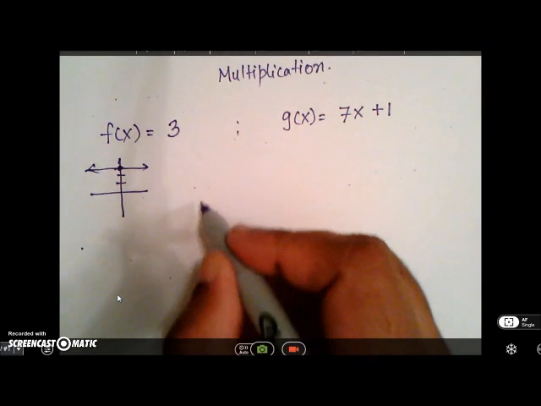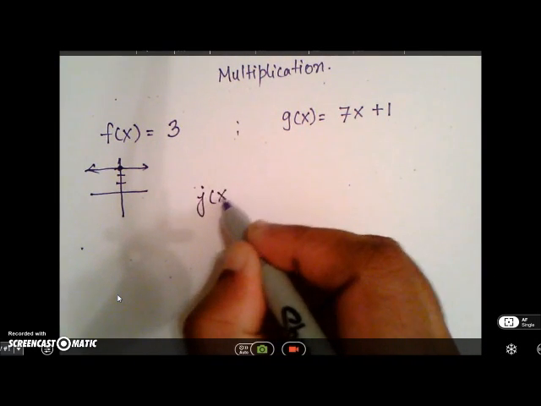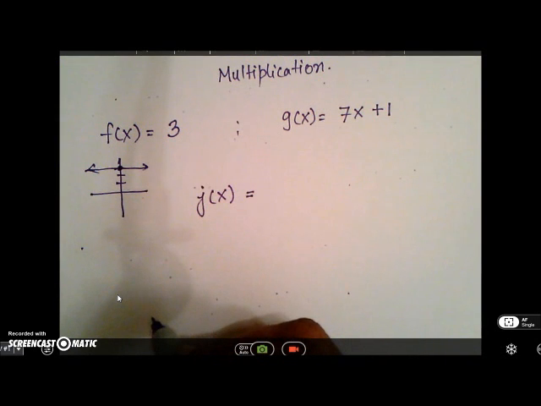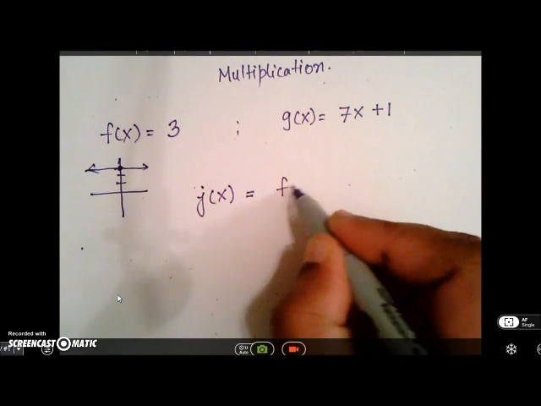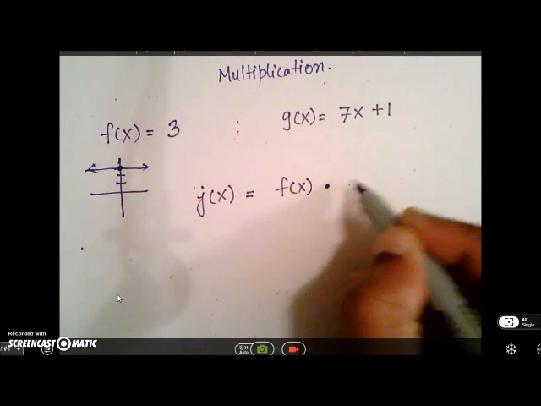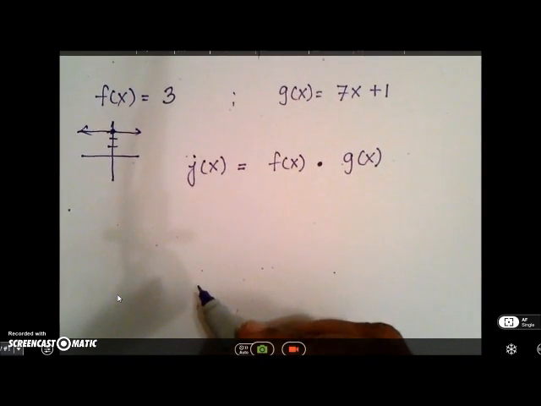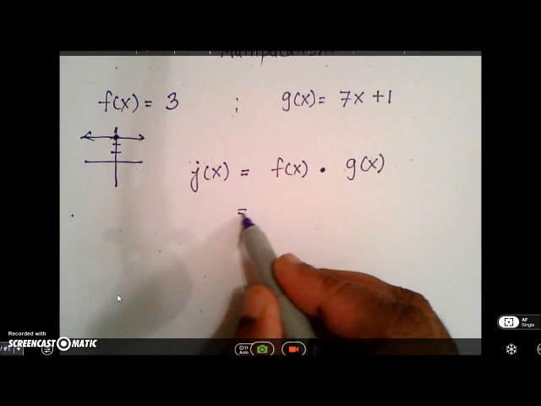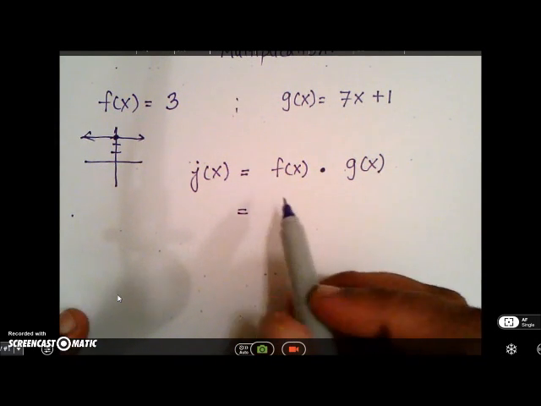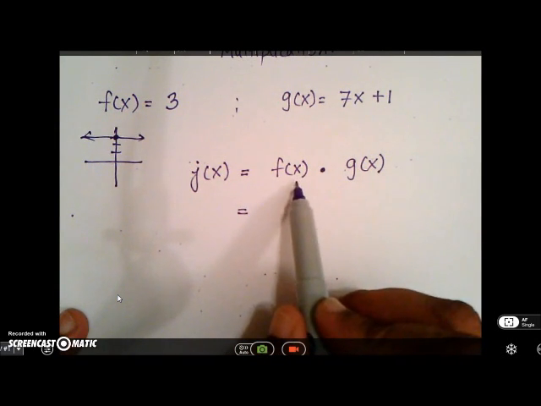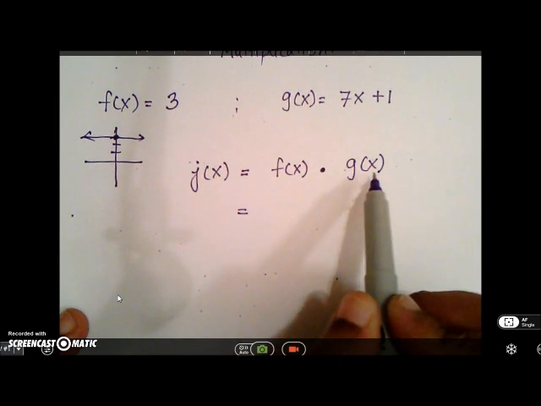Now I want to find another function j of x, which I get by multiplying f of x times g of x. This also we have done before, only it has a different name. So I'm multiplying these two functions, f of x times g of x.